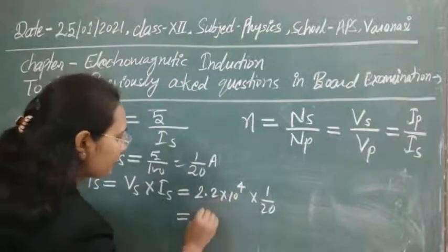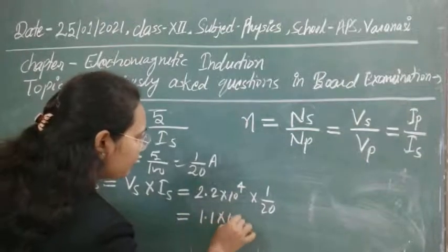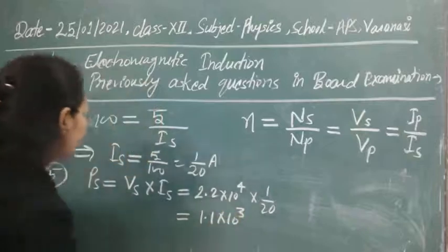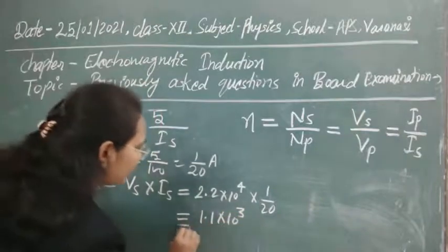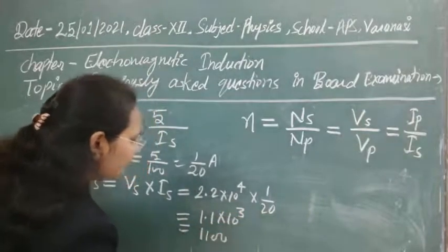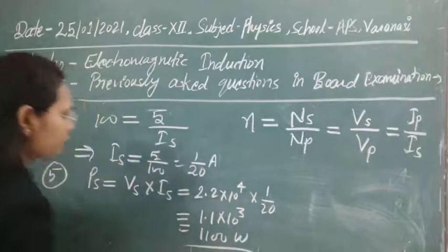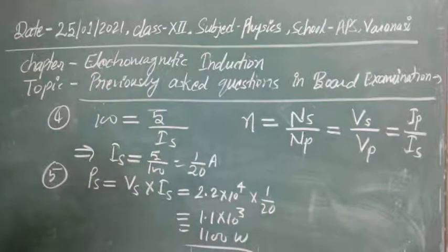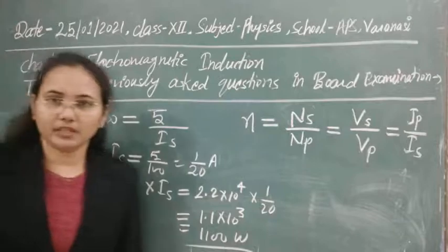If you solve it, you will obtain 1.1 into 10 to the power 3, or you can write it as 1100 watt. So the power in secondary is also equal to the power in primary here.